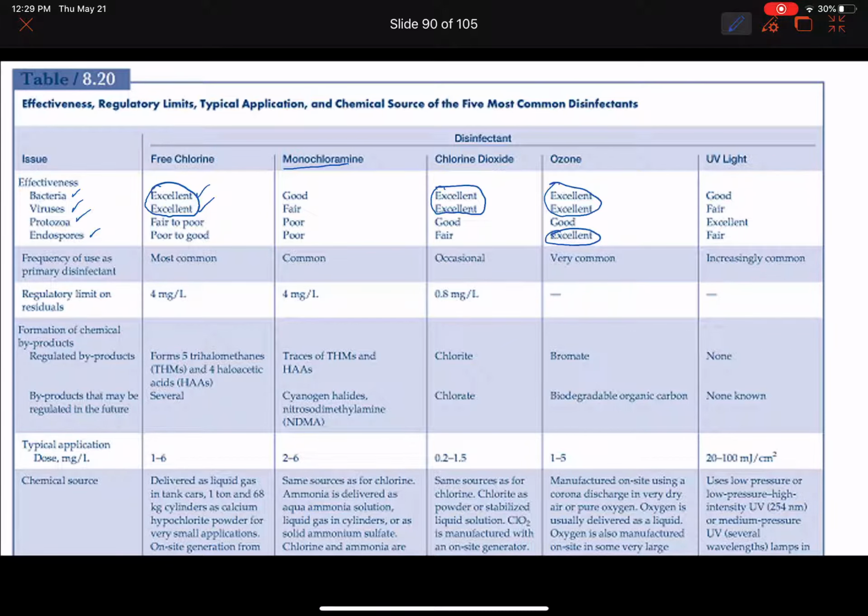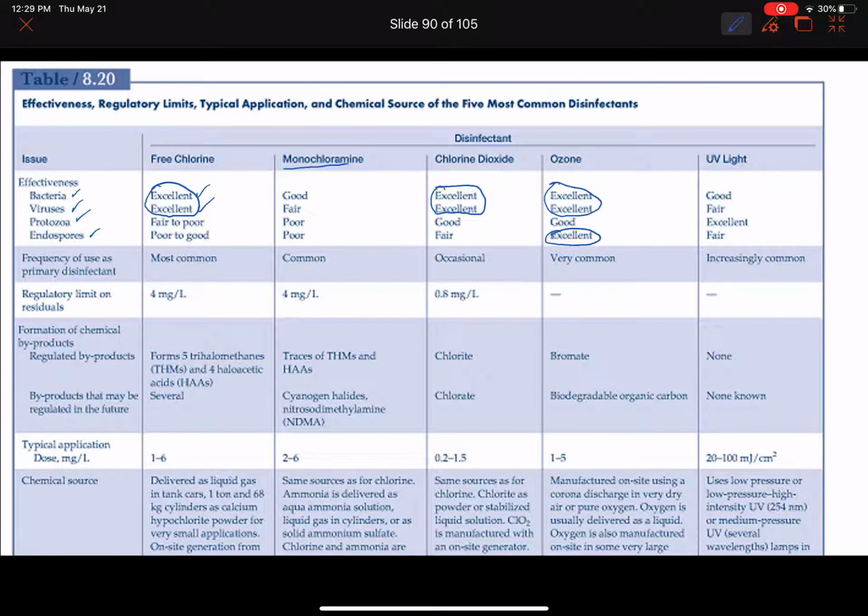Of course, this is the most common now, and this is very common, and this is increasingly coming to be common. Regulatory limit on residual. You remember the residual that we were talking about in the last lecture? 4 milligram per liter for free chlorine, 4 milligram per liter for monochloramine, 0.8 milligram per liter for chlorine dioxide, and here there is no residual, because you're talking about radiation.